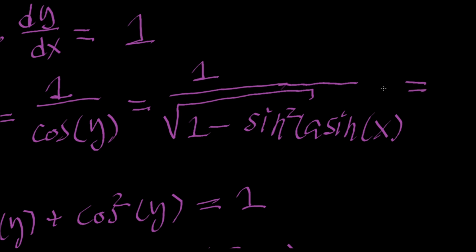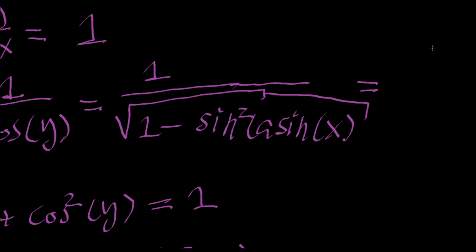And again, sine and arcsine are inverses. So we just get back our x and take it squared. So this entire thing is just equal to 1 over the square root of 1 minus x squared.